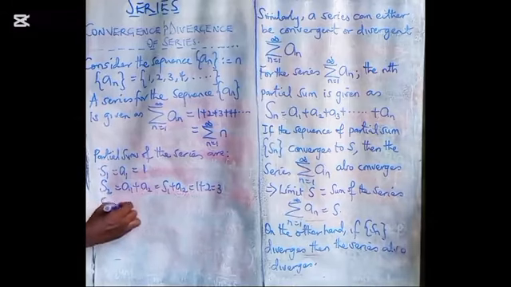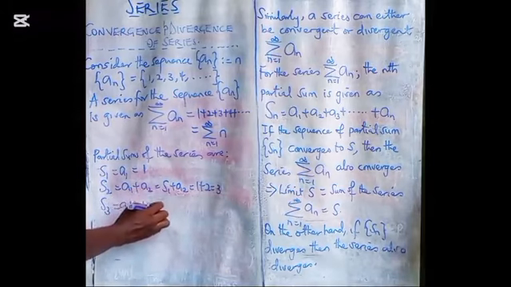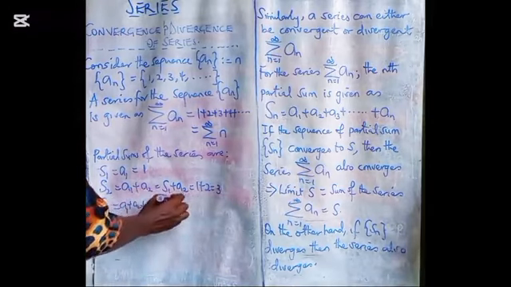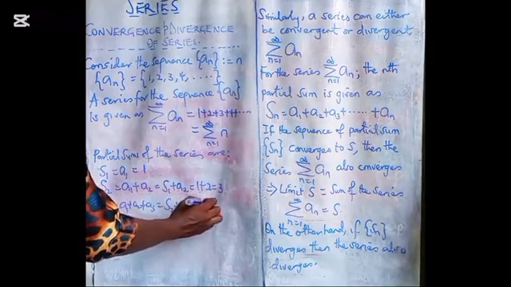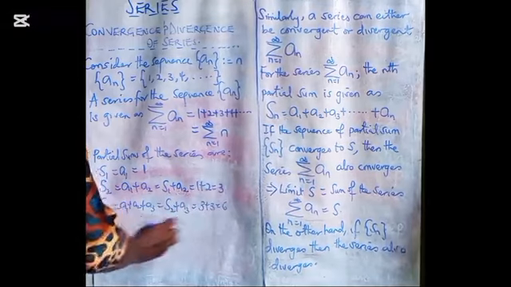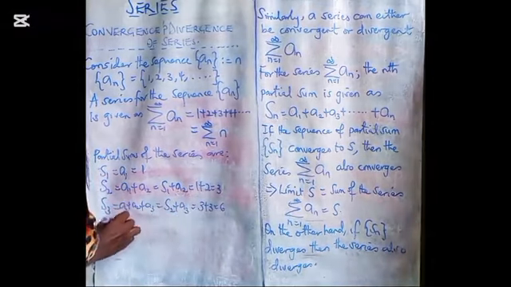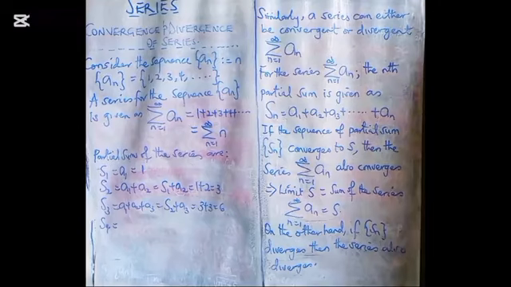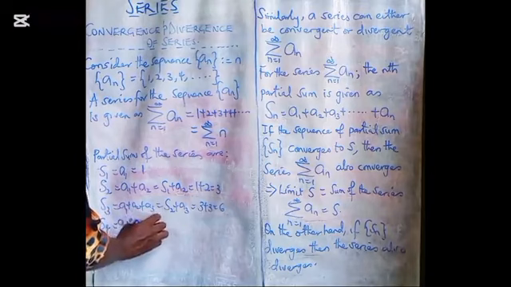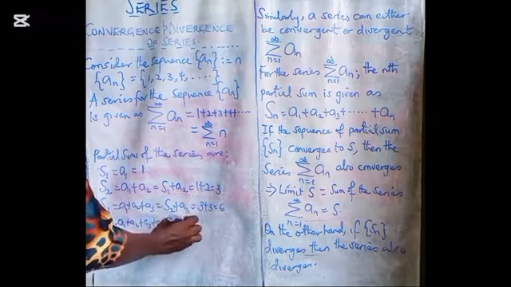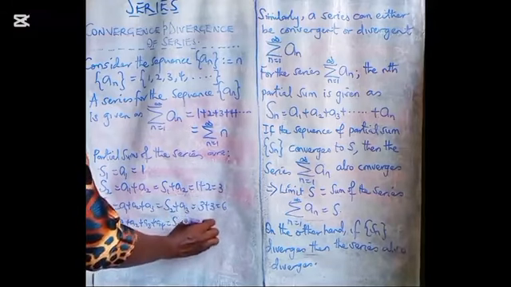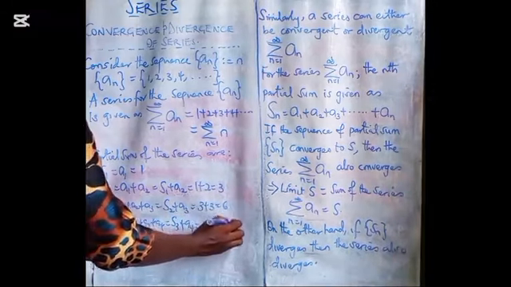Our S3 is the same thing as what? First term, second term, third term, which is the same thing as what? The second partial sum plus the third term, and that is 3 plus 3, that is 6. The S4, or the fourth partial sum, is what? A1 plus A2 plus A3 plus A4, and that is what? The third partial sum plus the fourth term, that is 6 plus 4, and that is 10.